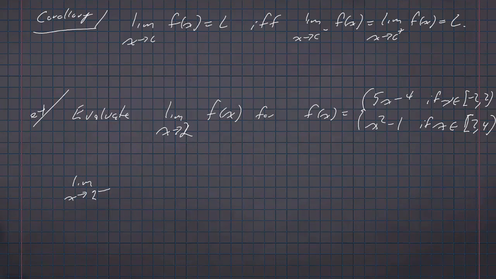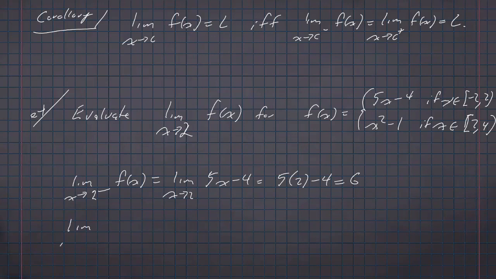Right, the limit as x goes to 2 from the left of f of x is going to be the limit as x goes to 2. For things less than x equals 2, we're looking at 5x minus 4, which is 6.